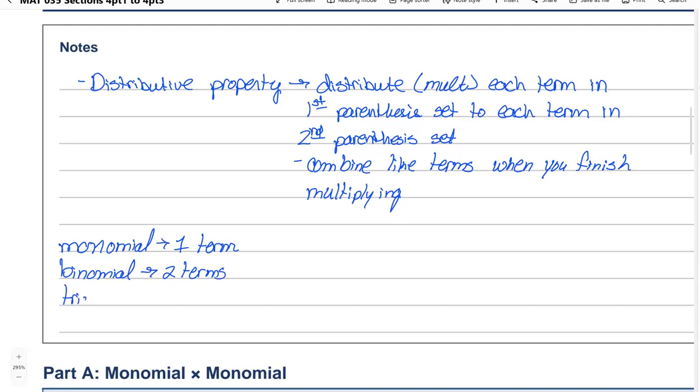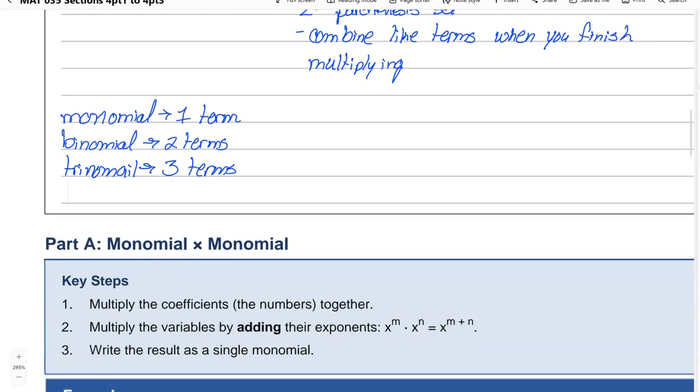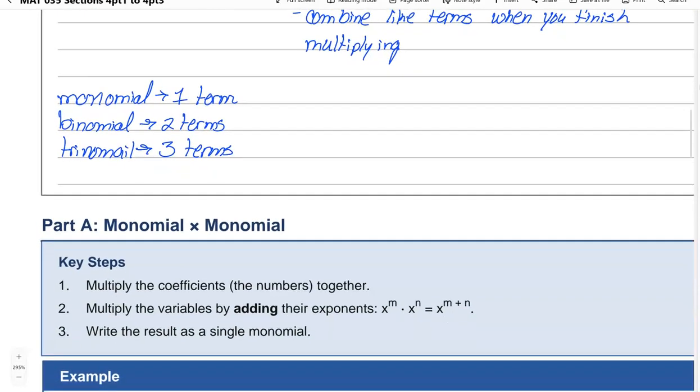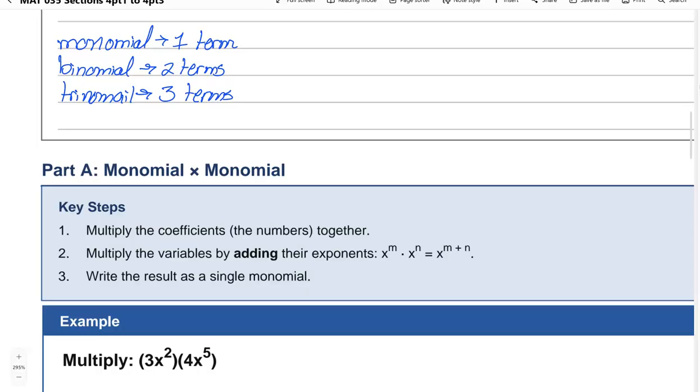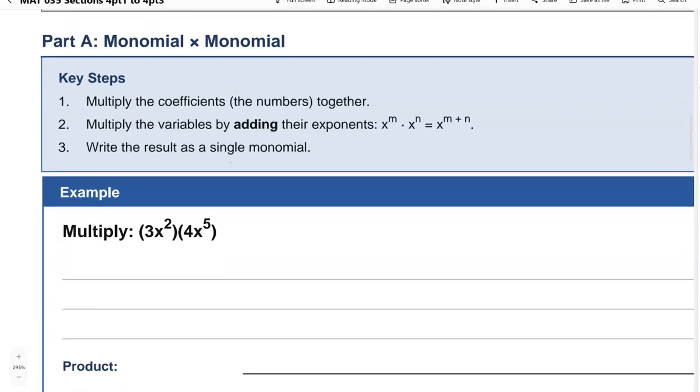A trinomial, can you think about how many terms a trinomial is going to have? That's right, it's going to have three terms. And then polynomial just means many terms. So these are special cases of polynomials. We're going to have to remember to use exponent rules with this as well.